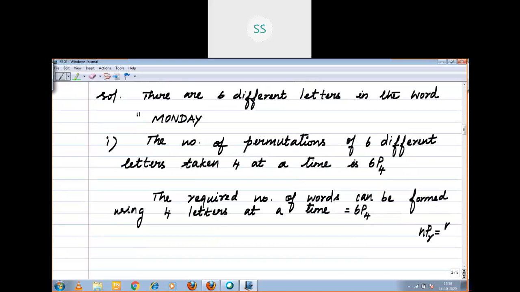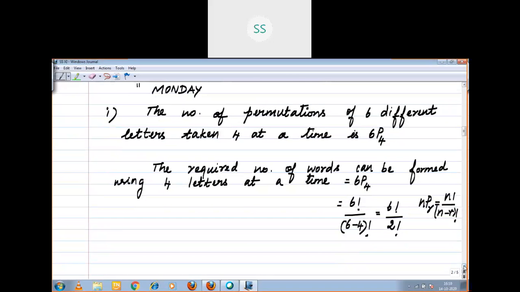You have to recall the formula, right? nPr equal to n factorial divided by n minus r factorial. Here, 6 factorial divided by 6 minus 4 factorial, which is equal to 6 factorial divided by 2 factorial.